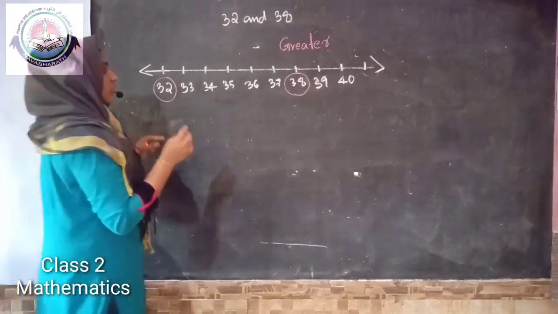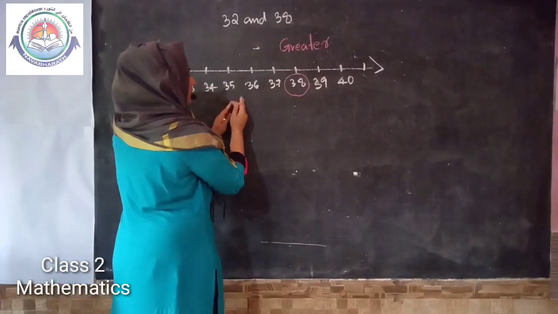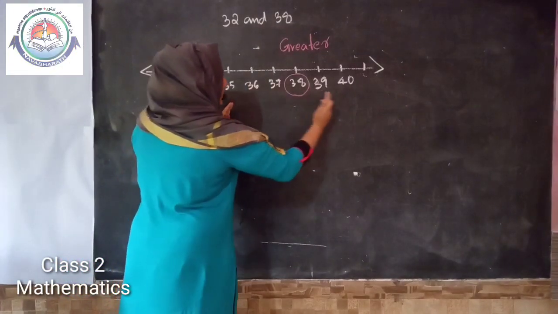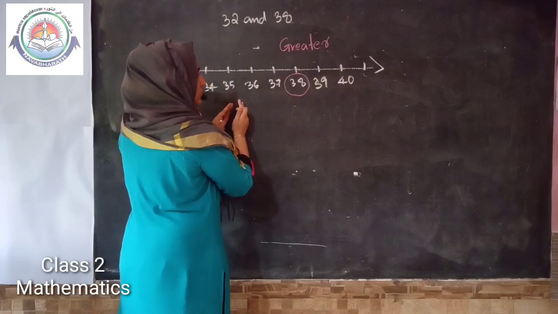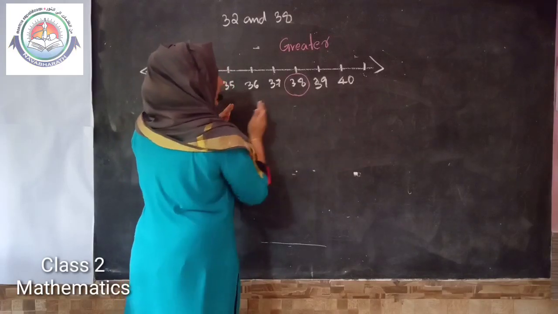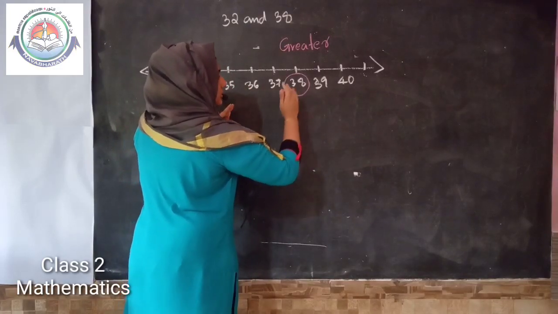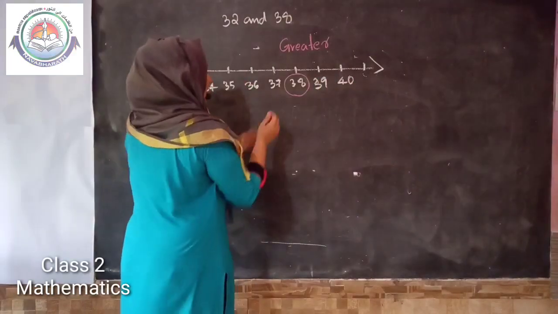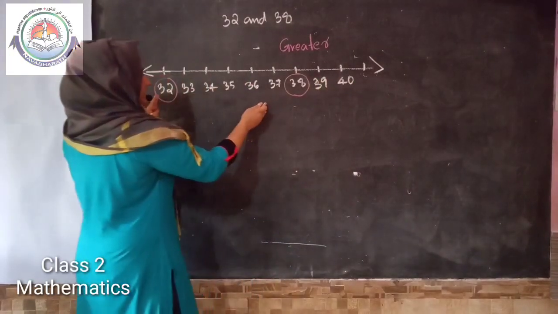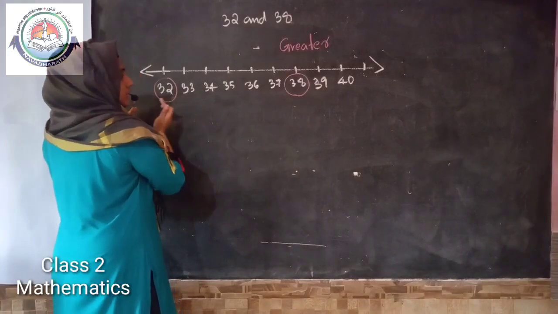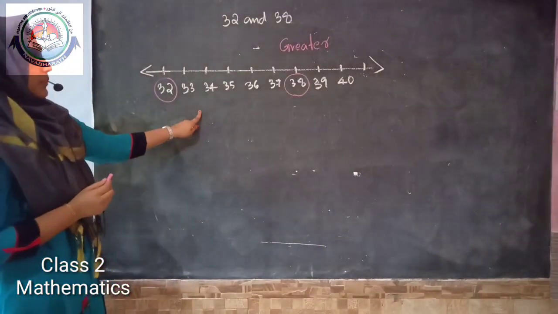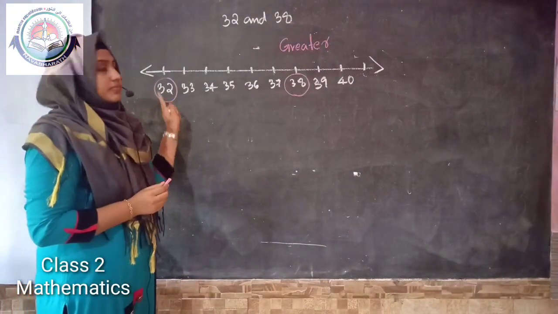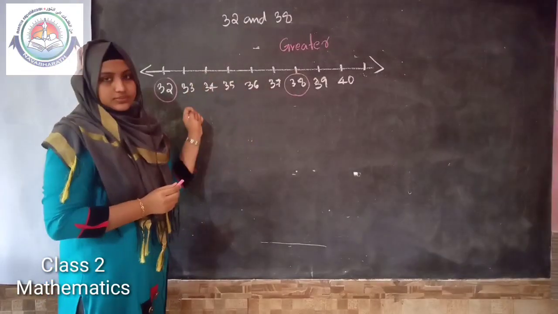Here we know that in a number line, if we go to the right side, then the numbers are greater and greater. And when we move to the left side, the number is decreasing. In a number line, we can say which number is greater.